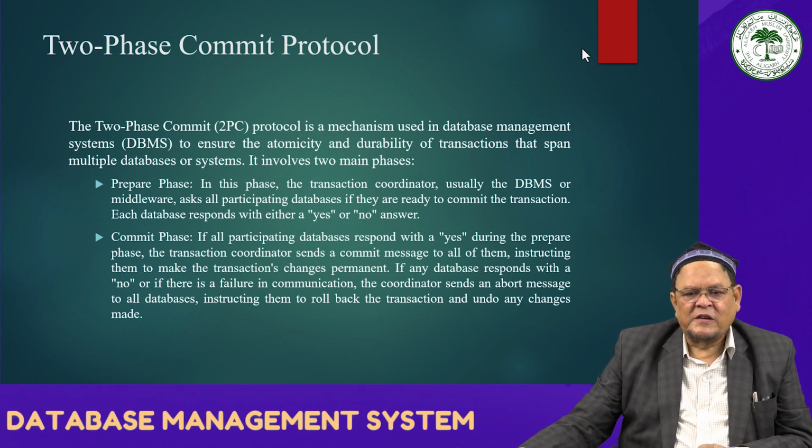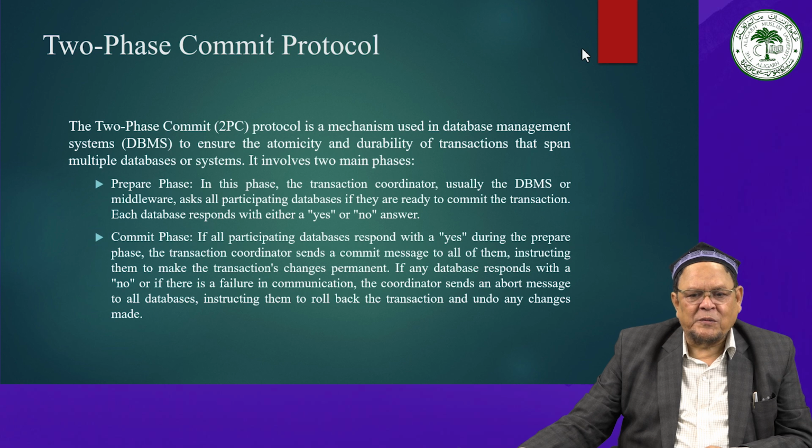In the prepare phase, the transaction coordinator, usually the DBMS or middleware, asks all participating databases if they are ready to commit the transaction. Each database responds with either a yes or no answer. The next is the commit phase.